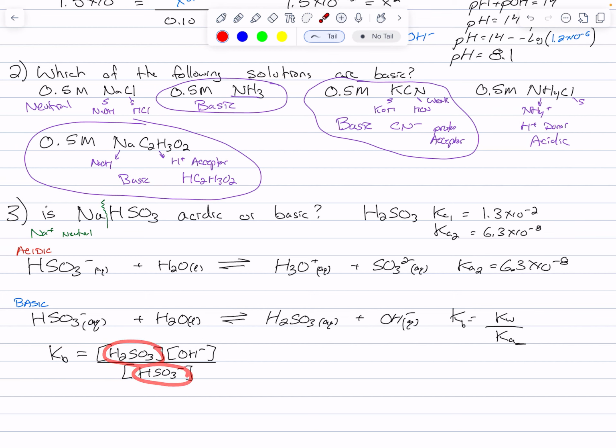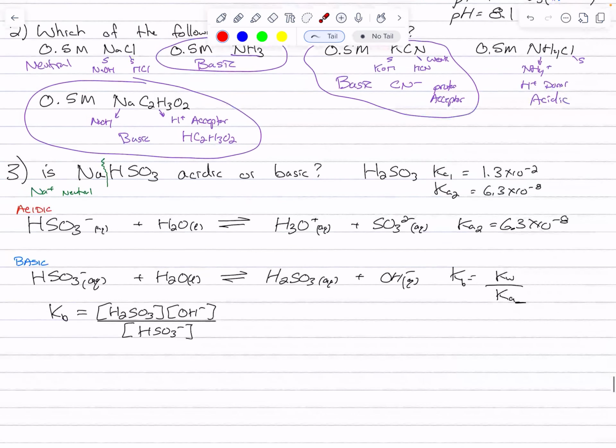Well, if I use Ka2 here, I would have sulfite in Ka2, and Ka2 would not cancel out this Kb. I'm going to have to use Ka1.